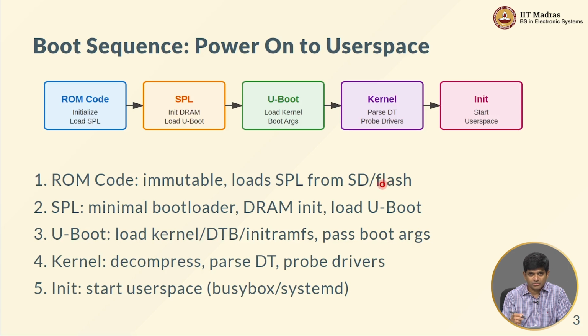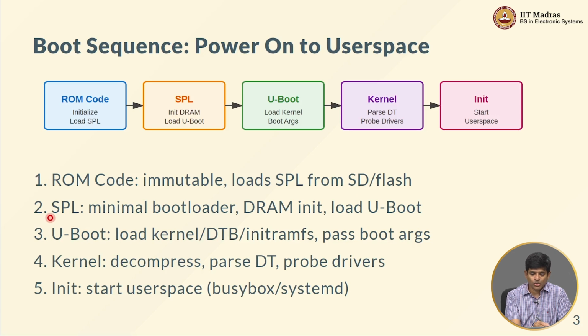Now you may think that's it, why not just load the entire kernel and be done with it. The problem is that the ROM code is very small. It's probably on the order of a few kilobytes, a small number of kilobytes. So it can't really have any sophisticated drivers; at best it can read from a simple peripheral, but not really do much more than that.